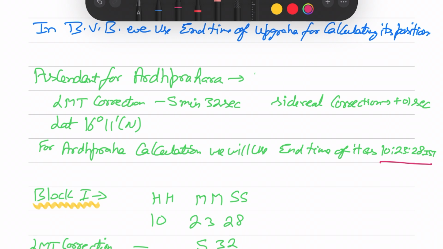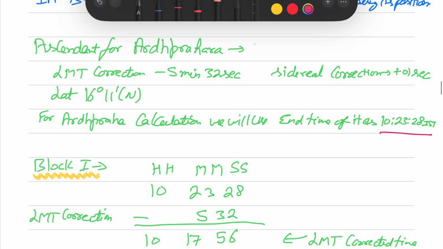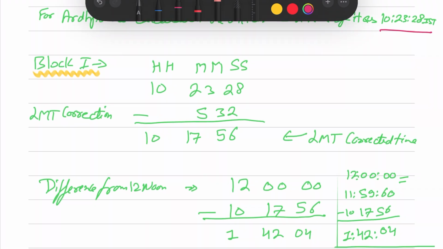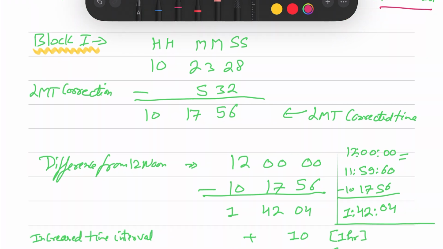So we write it for calculation of block 1: 10:23:28, and the LMT correction is minus 5 minutes 32 seconds. So we subtract it. So it became the LMT corrected time, 10:17:56, which is an AM birth. So the difference from 12 noon, we subtract 10:17:56 from 12:00:00. It is 1:42:04.